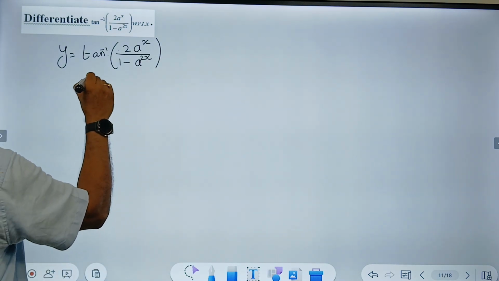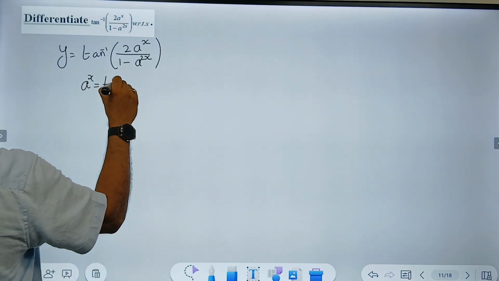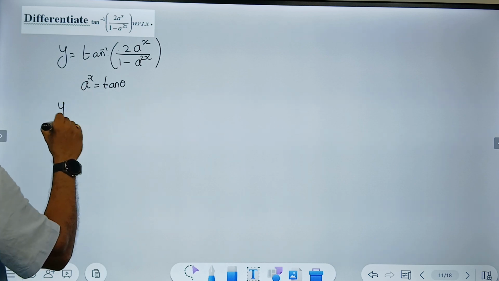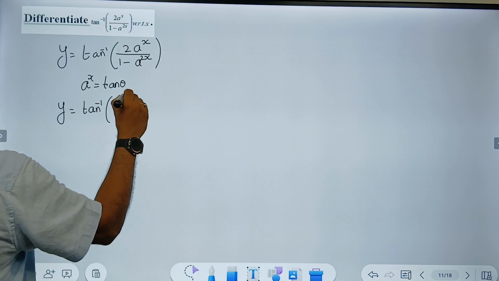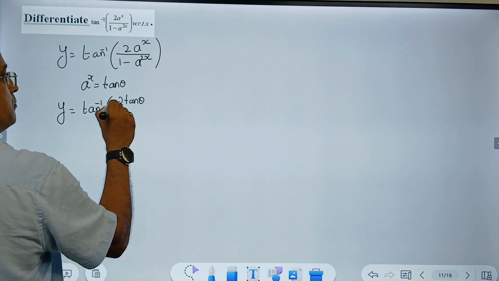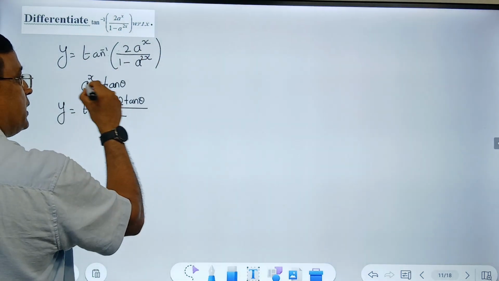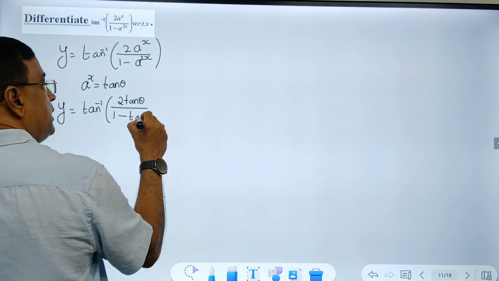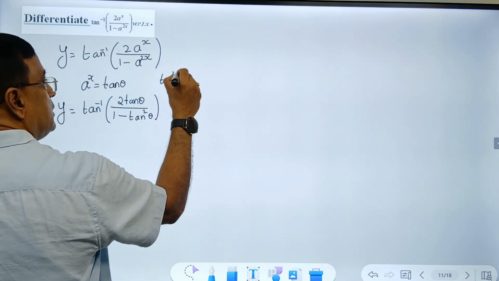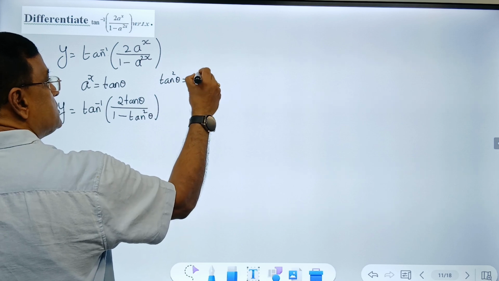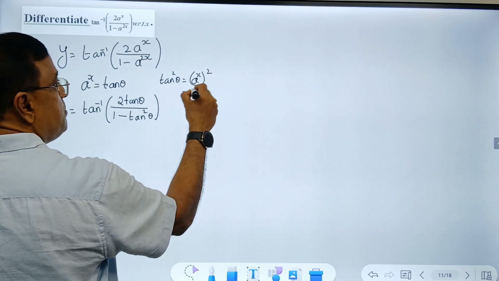Put a power x as tan theta. So I get y equal to tan inverse of 2 tan theta by 1 minus a power 2x. A power 2x is nothing but tan square theta. Am I right? Because tan square theta is a power x the whole square, which is a power 2x.